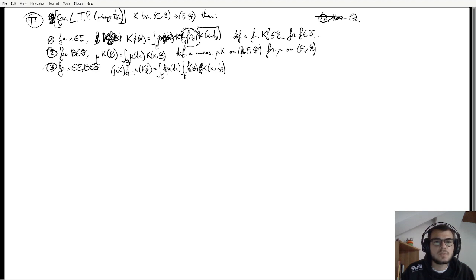So these two things coincide. Question: how to interpret this formula? What is the difference between these two notations? I mean, what is the different idea between these two things?